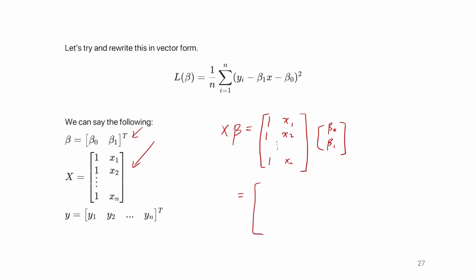What do I get? Well, I get beta 0 plus beta 1 x1, beta 0 plus beta 1 x2, and so on and so forth. Is that clear? These are just my predicted y values. So that's where the idea of modeling y with X times beta comes from. Our model y hat is just X times beta.